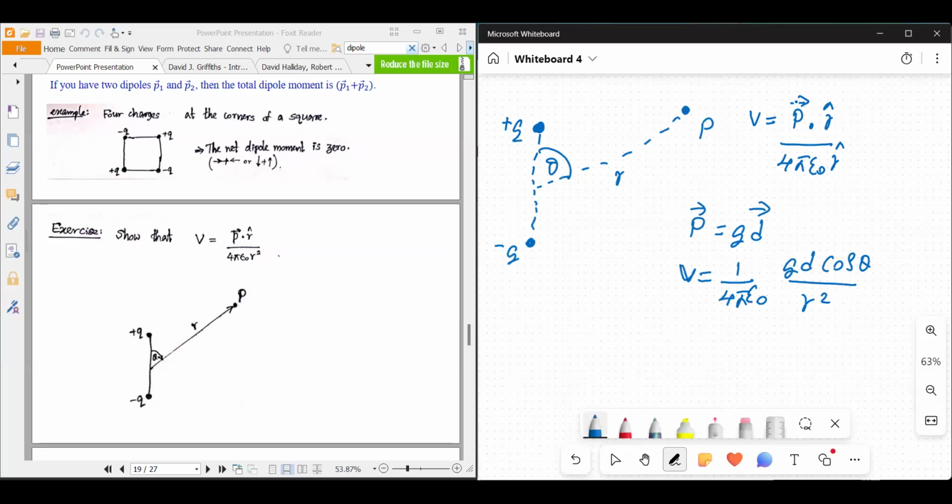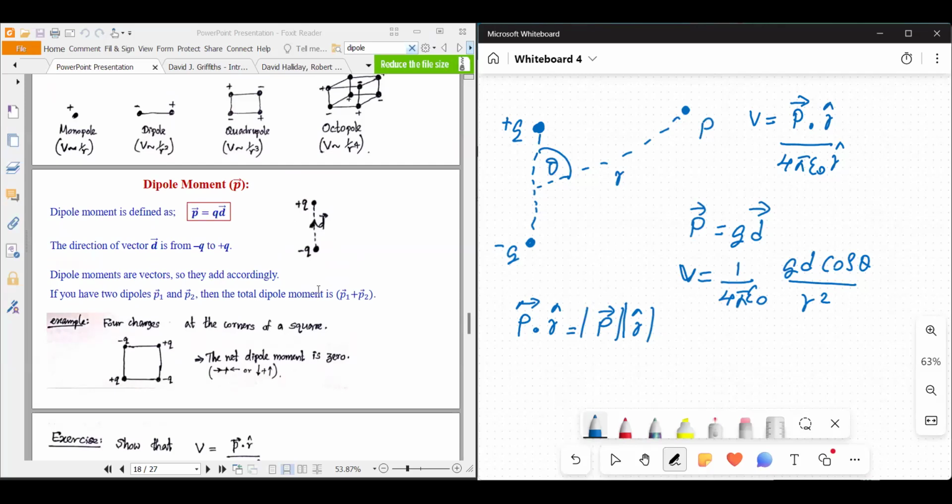Now let's calculate this p dot r and see what value we are getting there. So p dot r is equal to magnitude of p, magnitude of r unit vector, and here the direction of the dipole moment will be minus q to plus q, like here.